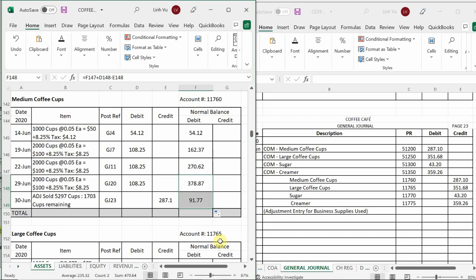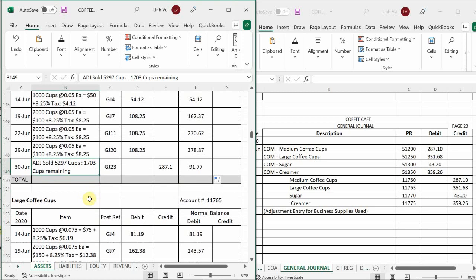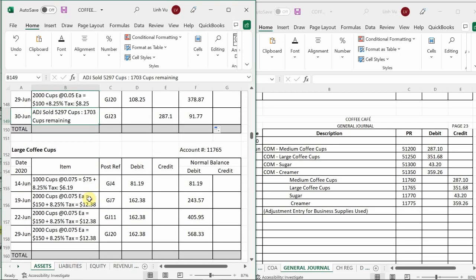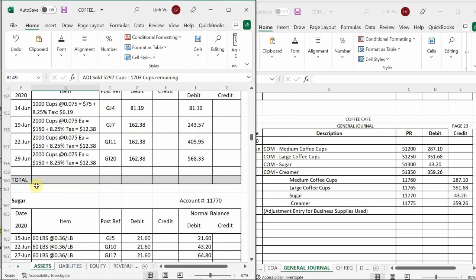That means we started out with 7,000 cups at a grand total of $378.87. But because we sold our coffee cups along the way, we now have 1,703 cups left at a total cost of $91.77. So we call that an adjustment entry because realistically, we don't have 7,000 cups anymore. We sold them when we sold our coffee cups.